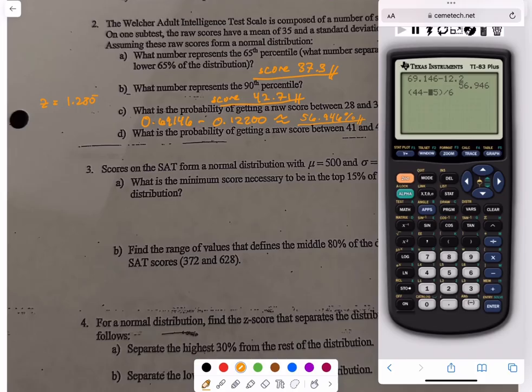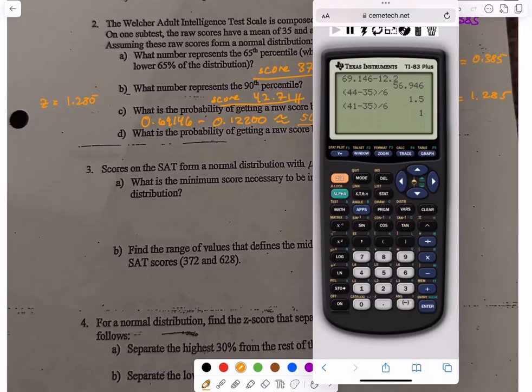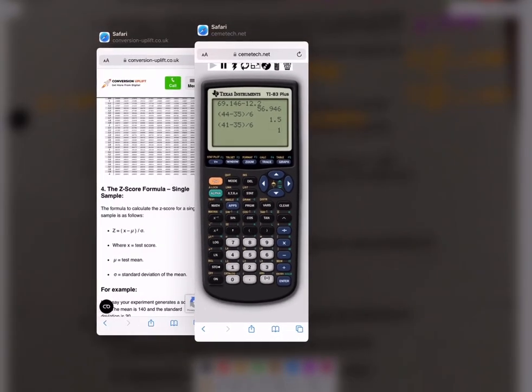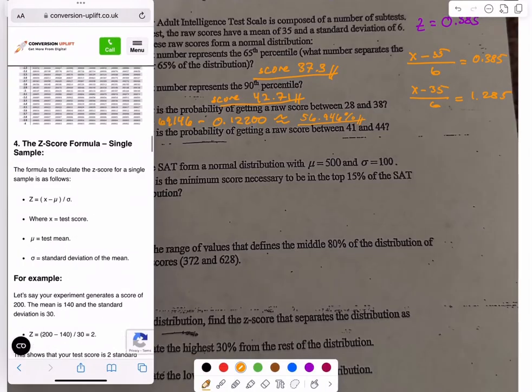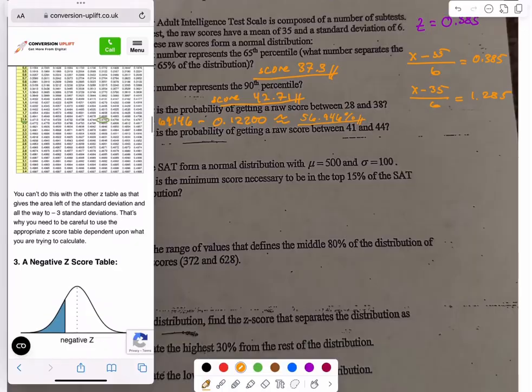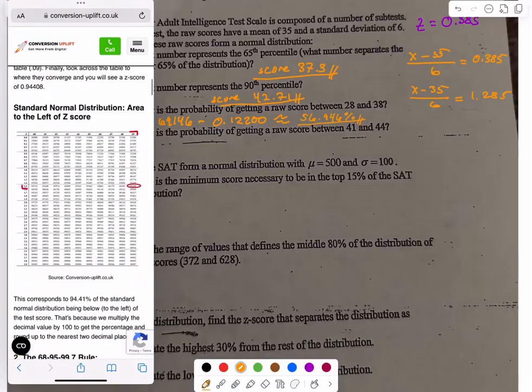Okay. So we get a z-score of 1.5, and then the other one is a 1. So a positive 1.5 and a positive 1. So let's go to the positive z-score chart.